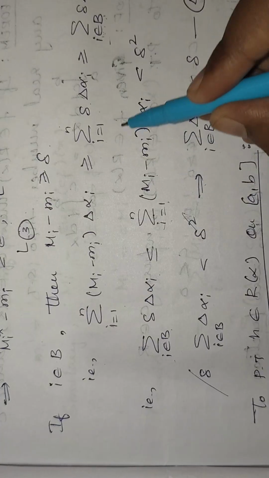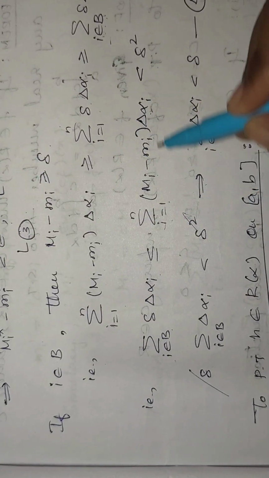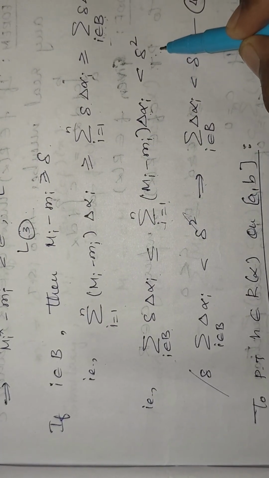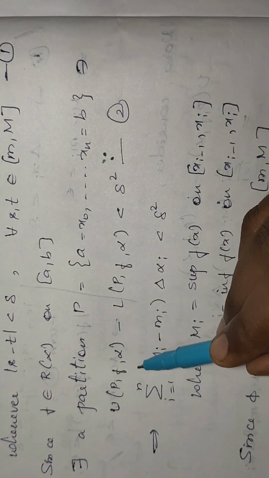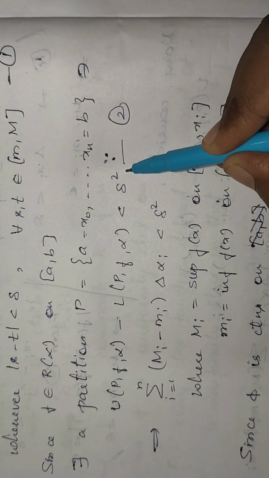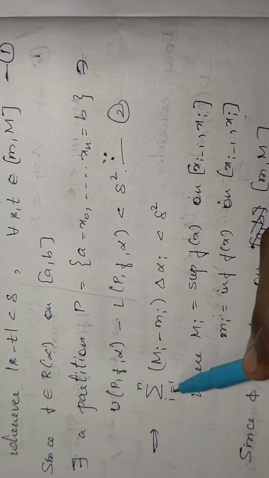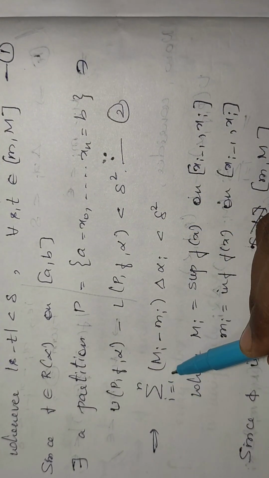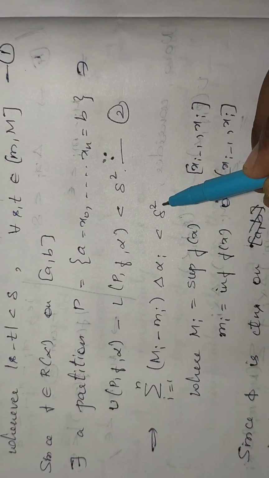And we know that this is less than delta square. So we have written that in equation 2. See here, this is less than delta square, which implies the entire summation i equal to 1 to n is less than delta square. So I am using that here.